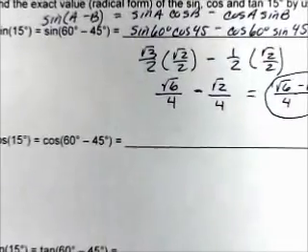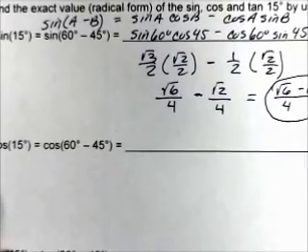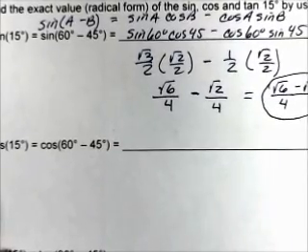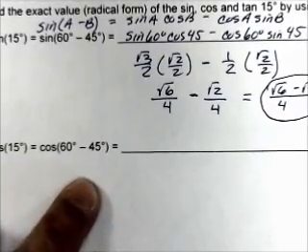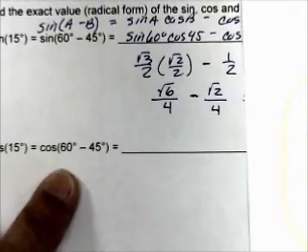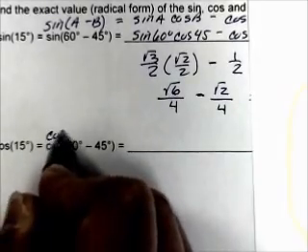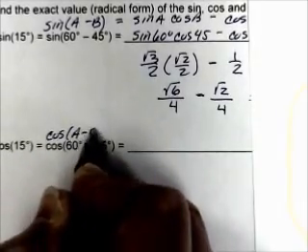Next, we want the cosine of 15 degrees. The cosine of 15 is equivalent to the cosine of 60 minus 45. So cosine of A minus B, we're looking at that formula.